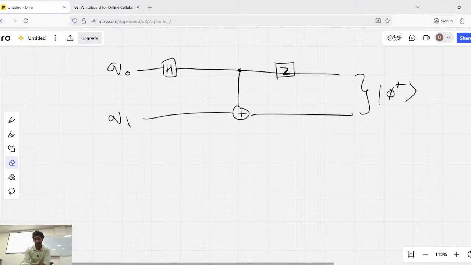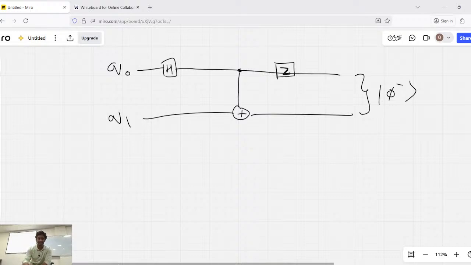So I can create a phi minus state by simply providing a Z gate on my qubit after completing the circuit for my phi plus state. After completing the circuit of my phi plus state, simply applying my Z gate to my qubit will give rise to my phi minus state.